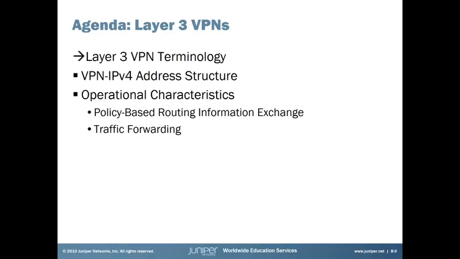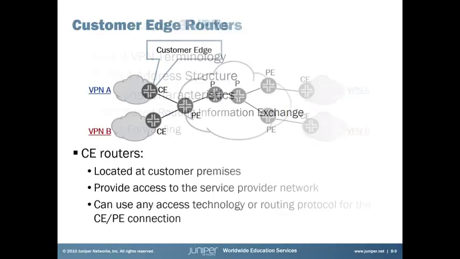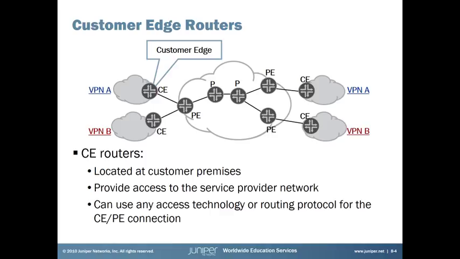So, layer 3 VPN terminology, let's get into that to begin with. Here we have our various routers involved in our provider core network and our customer network. We've got the CE routers, the customer edge routers.